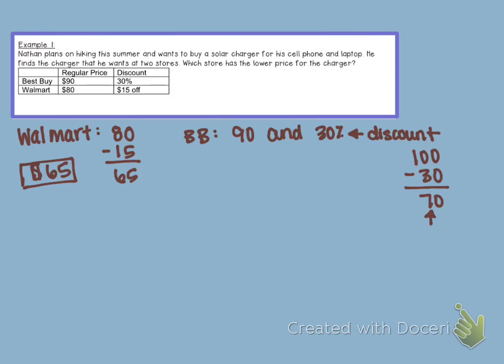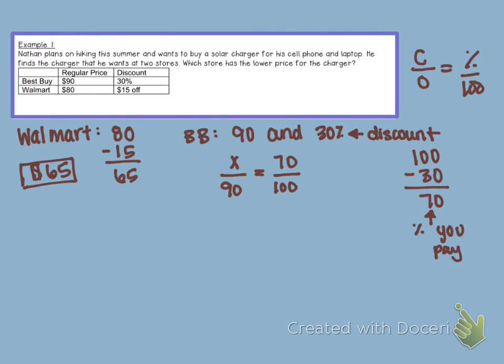That's the percent you pay. So when we set up our change over original equals percent over 100, we want to put the percent that we pay in there so that it tells us what we're going to pay. So we don't know change. The original is 90, and we're going to pay 70% out of 100 because it's a 30% discount.